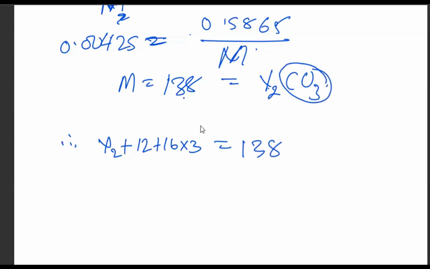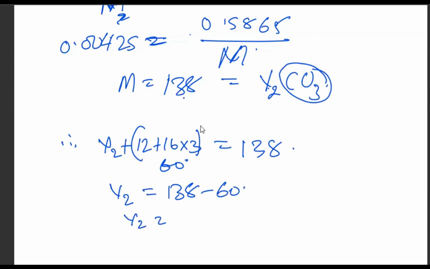Now I'm going to group this up. When I group it up, it is 60. So Y2 is equal to 138 minus 60. So I put this one this side. So Y2 is going to be equal to 78.